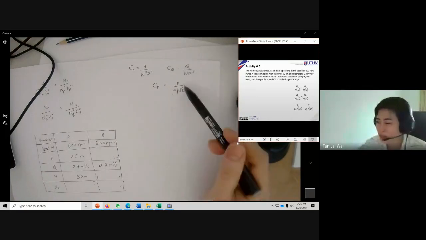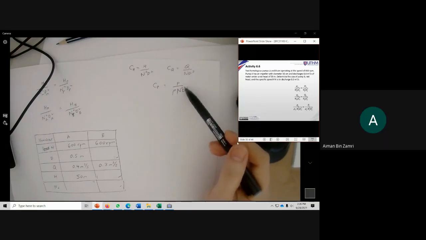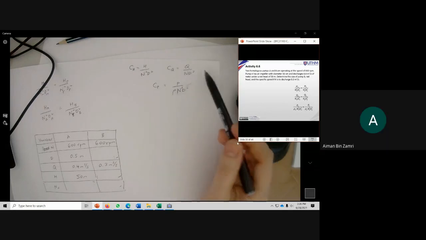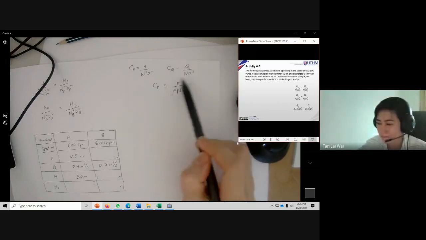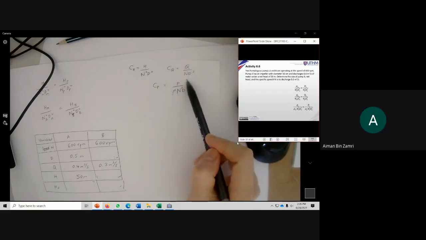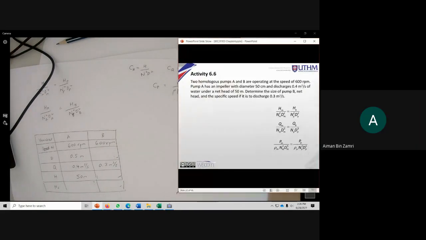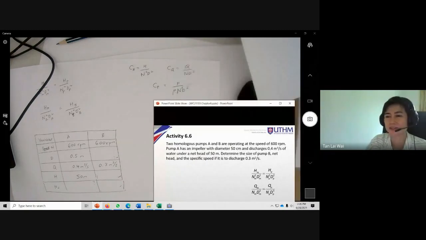I cannot use this one, right? Because power is not needed in the question. So between these two, which one can I use? You should be able to look at the question already.